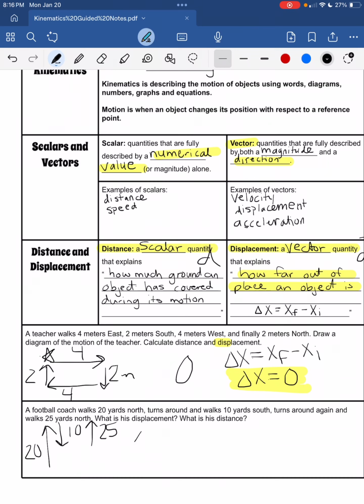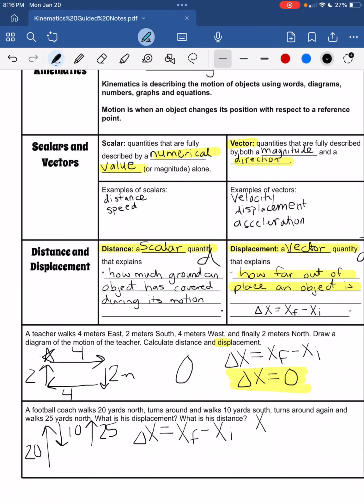So delta x equals his final position minus his initial position.